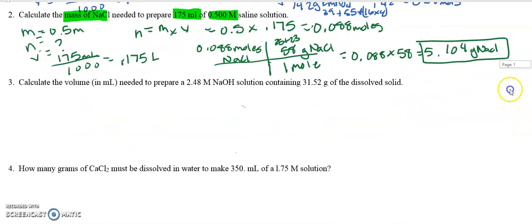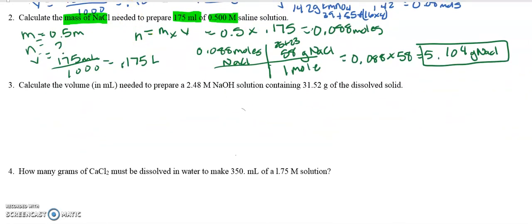Okay, let's go down to problem 3. Problem 3 in your notes. I want to calculate the volume in milliliters, so in the end, I'm going to have to multiply by 1,000. We need to prepare a 2.48 molar solution of sodium hydroxide, and it contains 31.52 grams of dissolved solid.